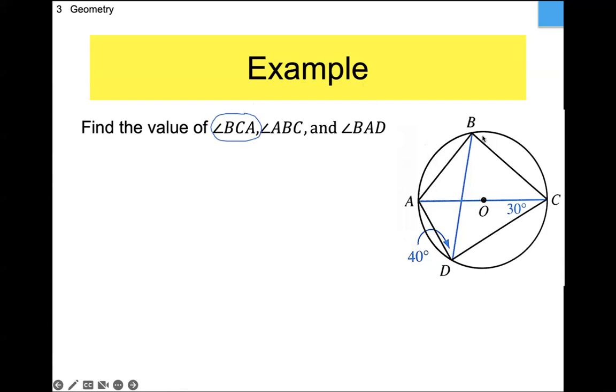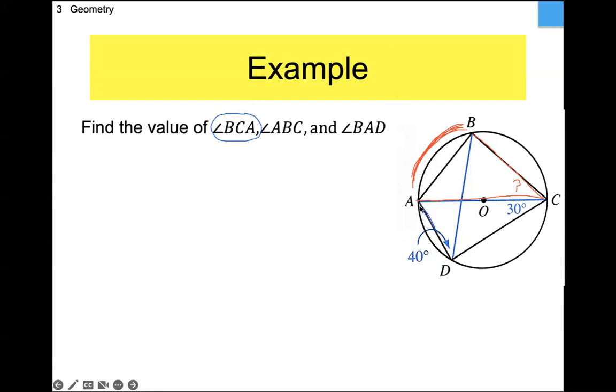So if I trace out BCA, that's from here to here to here. And there's nothing listed there, just a question mark right here. But if we trace out the red, we see it makes this arc A to B. And now we see, is there any inscribed angle that makes AB? We'll go back to blue.